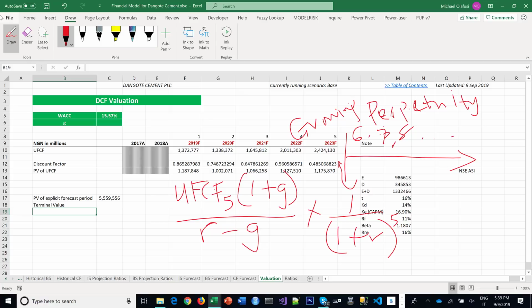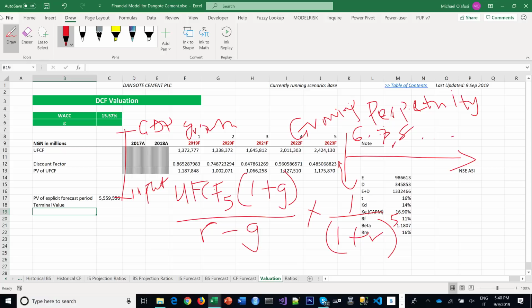How then do you get the G? There's not so much of a science to it, just a framework that says no company grows beyond the bounds of the inflation rate and the long-term GDP growth rate.